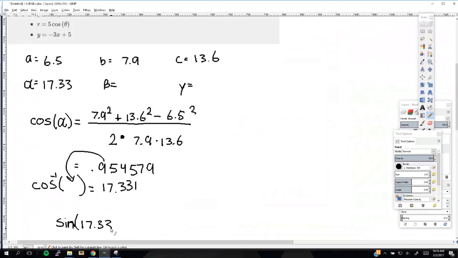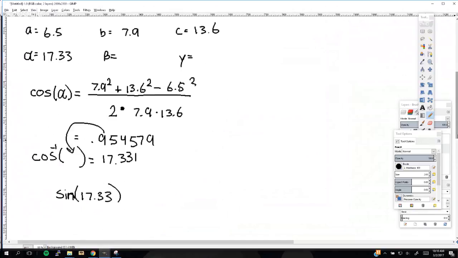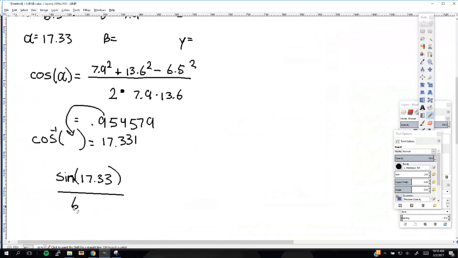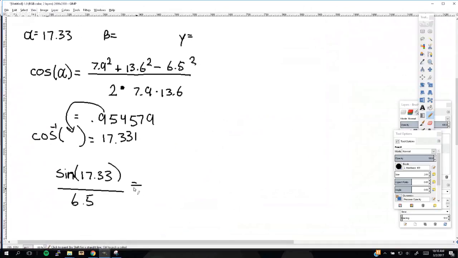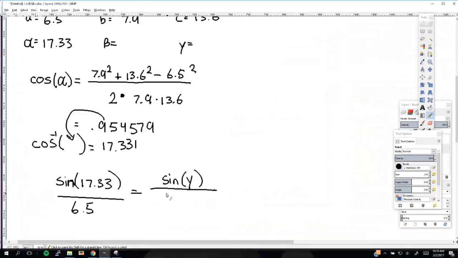So we could do sine 17.33 over 6.5. If we wanted to solve for beta, we could do sine of gamma over 13.6.